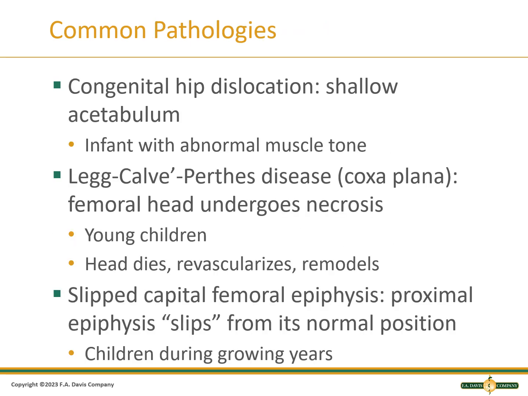Common pathologies of the hip. Congenital hip dislocation is going to be someone who is born with a shallow acetabulum, so congenital meaning at birth. And so hip dislocations occur as a result of the way that they were born with the formation of their acetabulum.